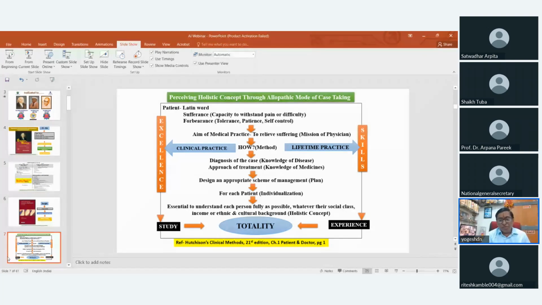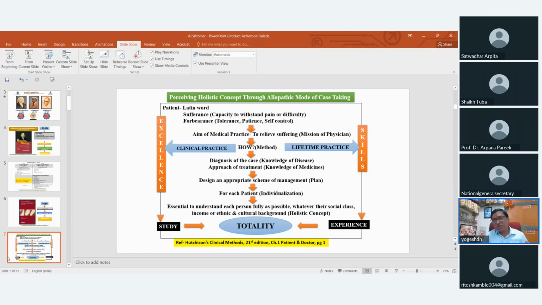Now the approach to treatment. Again, it is one of the things we can find in terms of the management part, or the therapeutic planning. So, the knowledge of medicines. The next thing is to design an appropriate scheme of management.